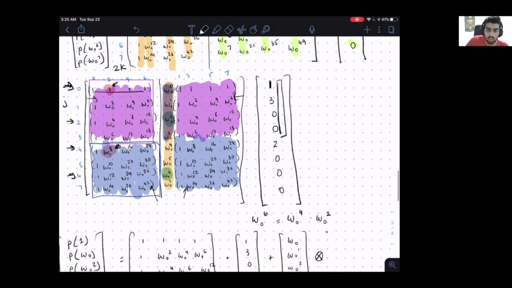And then for the second part we take this constant, multiply it by this vector, and take the dot product of that with this bottom half vector. And then we just add those two up, and we're done. That's the result of our FFT for the first row.